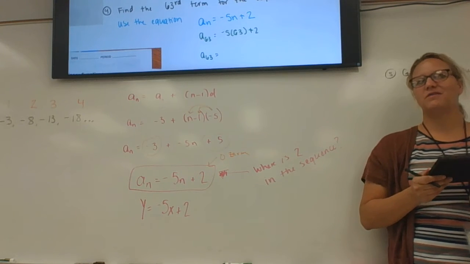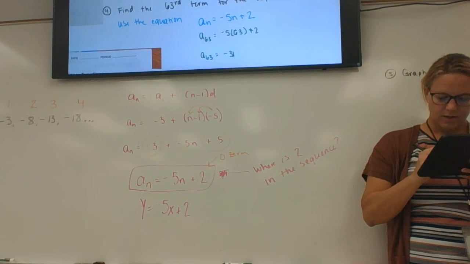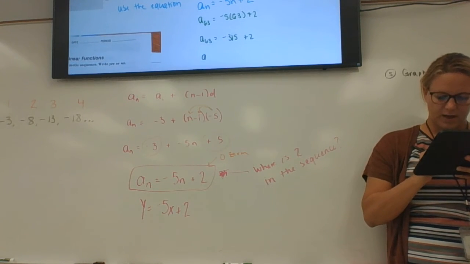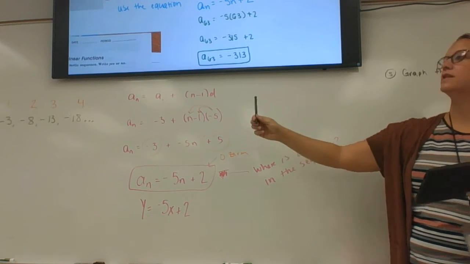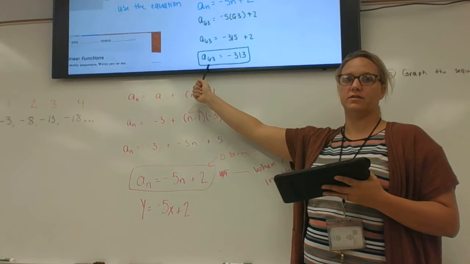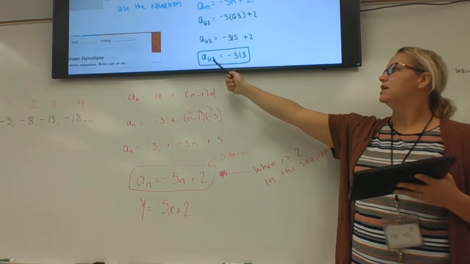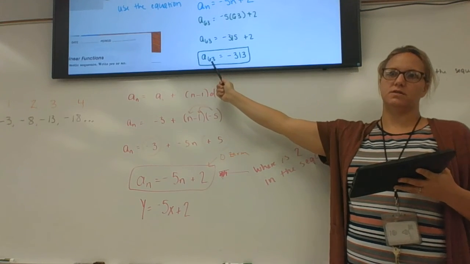That's -315. -315 plus 2. Our 63rd term will be -313. And I do want this little guy in your answer. So look at what you boxed, and make sure that you labeled what your answer is. The 63rd term.